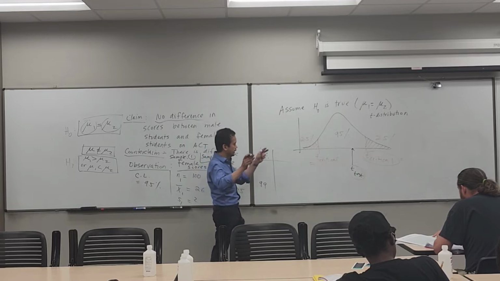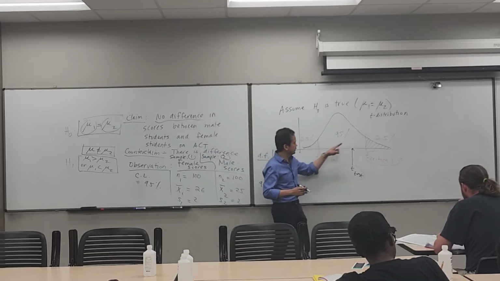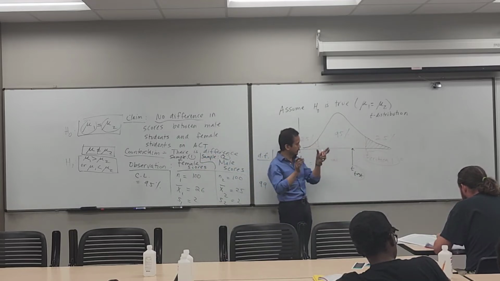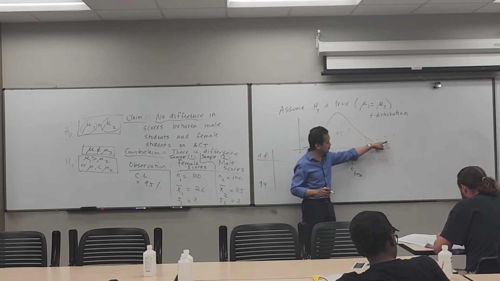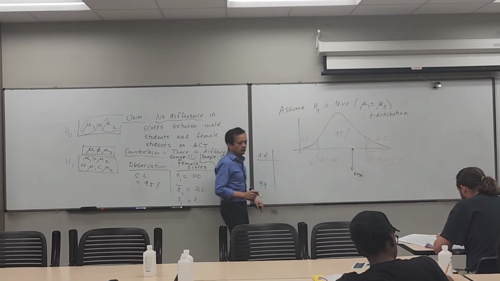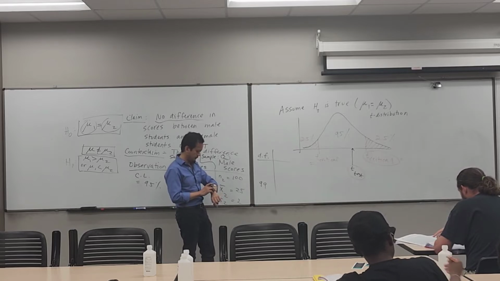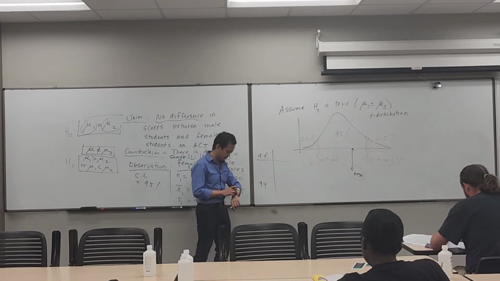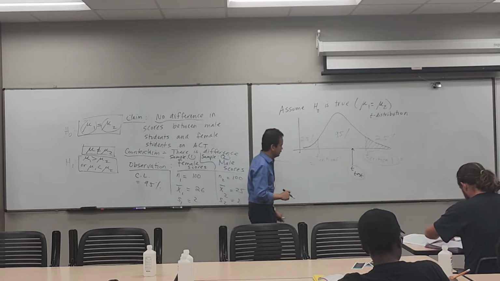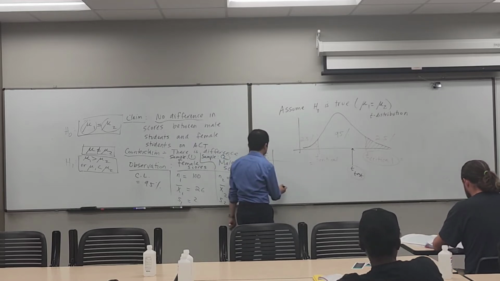So you can either do area in 2 tails is 0.05, because we have a 2-tail test here, or you can do area in 1 tail individually is 2.5%. It would be the same column. So 1.984.